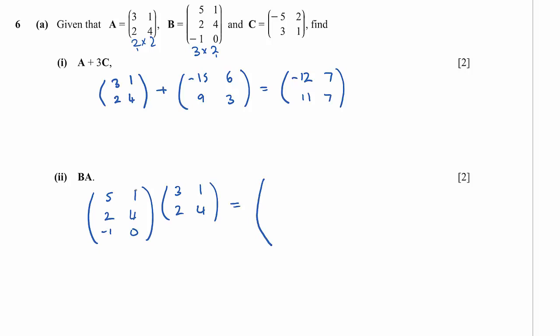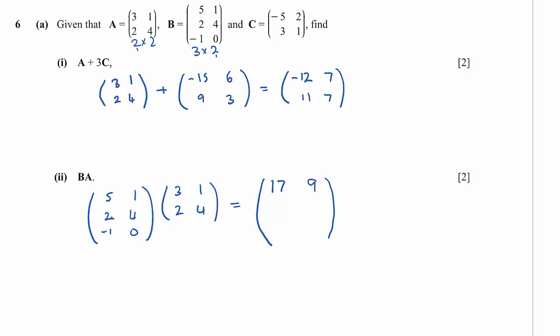So top times left, 5 times 3 is 15, add 1 times 2, so 15 add 2 is 17. Then top times right, 5 times 1 is 5, add 4, that will be 9.